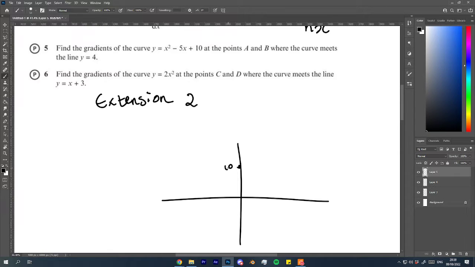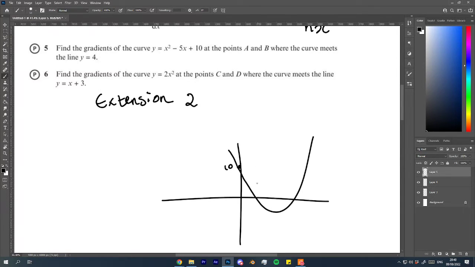This will become x squared minus 5x equals minus 10. I think it'll be floating actually. Maybe something like that. Might be wrong. Let's just say it looks like that.